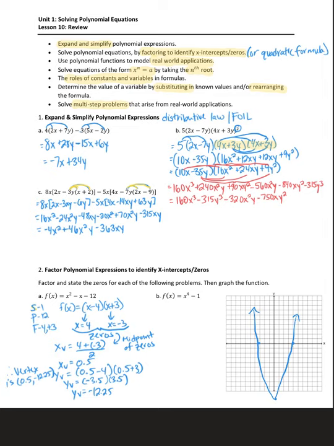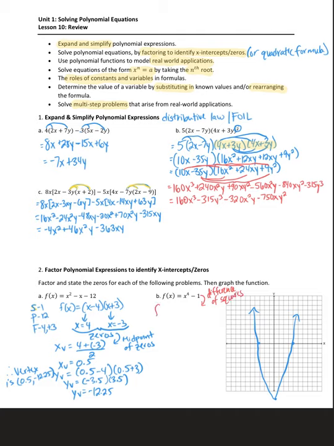So if we have f of x equals x to the power of 4 minus 1, we can factor that as well. We have a difference of squares. So we're going to factor using a difference of squares.